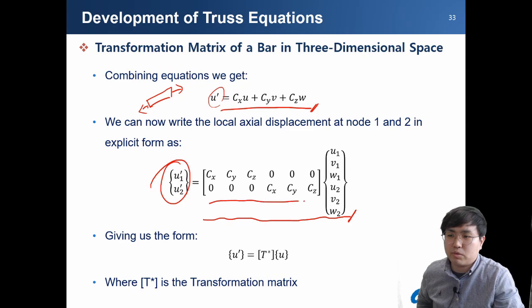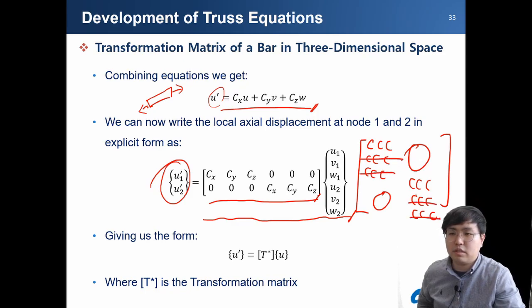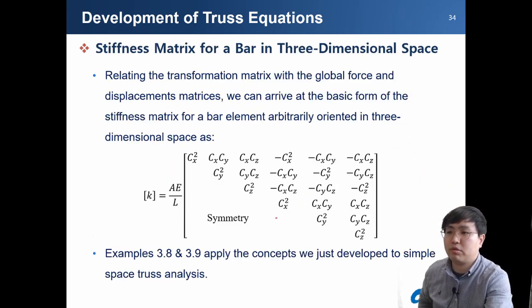We can call this the transformation matrix. However, the exact transformation matrix can be expressed like this, and at this stage we neglected these four lines.